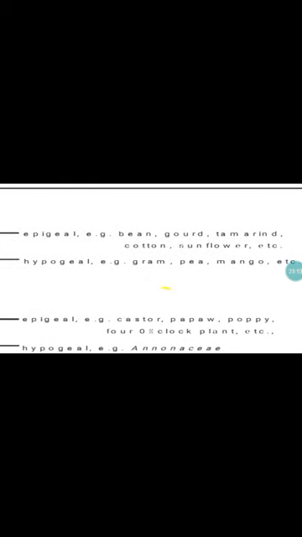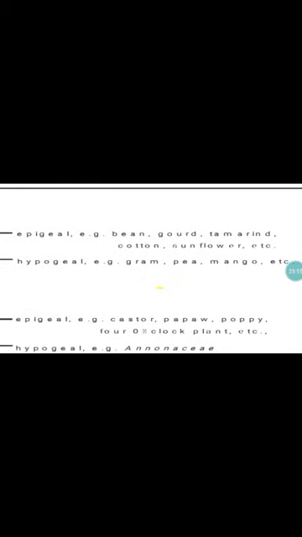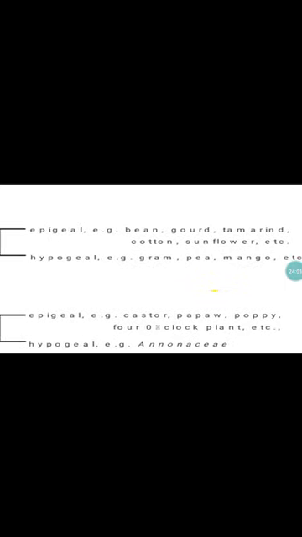Again, in the regular dicot seeds, that is the exalbuminous category, many of them follow the epigeal type of germination, and very few follow the hypogeal type of germination. Examples of dicots that are exalbuminous, totally devoid of endosperm, and follow the hypogeal type of germination are gram, pea and mango.